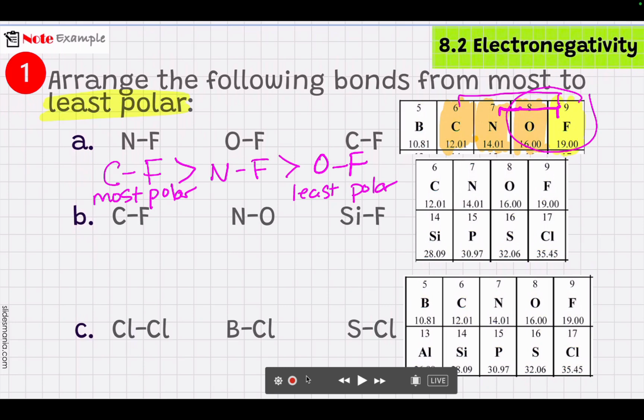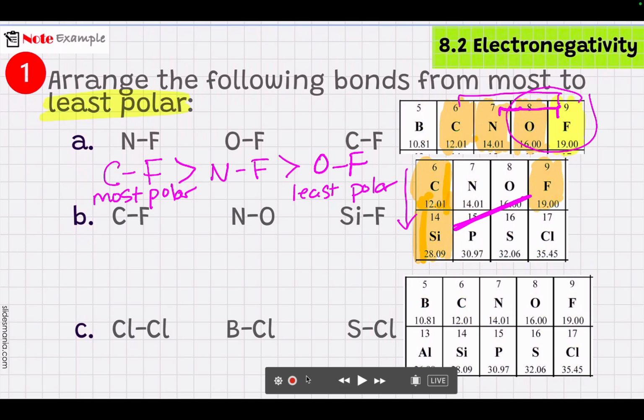For these now, we are going to look at separate combinations. So first, carbon and fluorine. That's going to be very polar. And then silicon and fluorine is going to be even more polar, because as we go down a group, electronegativity decreases, so there's going to be an even bigger difference in electronegativity between those.